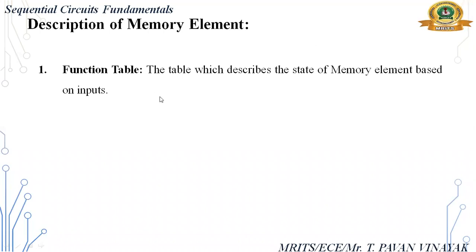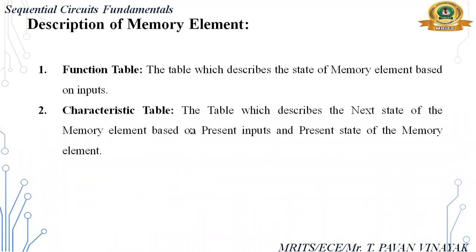Next, the characteristic table. The characteristic table describes the next state of the memory element based on present inputs and present state. Suppose the present state is red color. After red color, what is the next state?